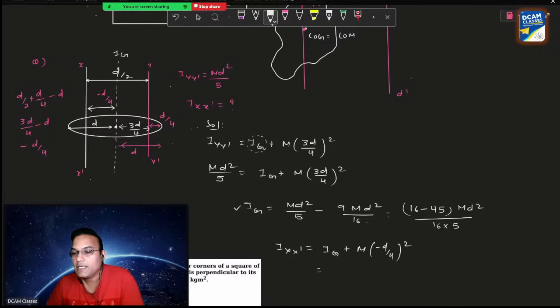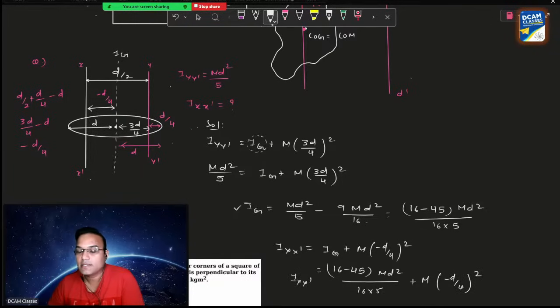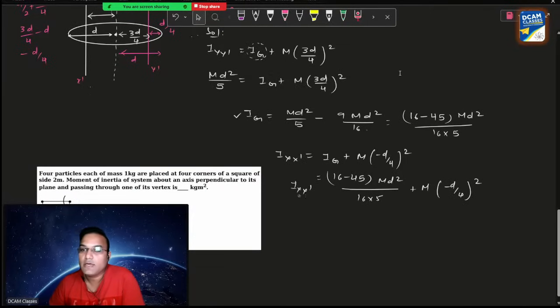Ig, you know, it is 16 minus 45 into md square by 16 into 5 plus m into minus d by 4 whole square. This is how you calculate Ixx dash. Understood? Just focus on the concept, not on these number values. These number values I have just given to make you understand things.